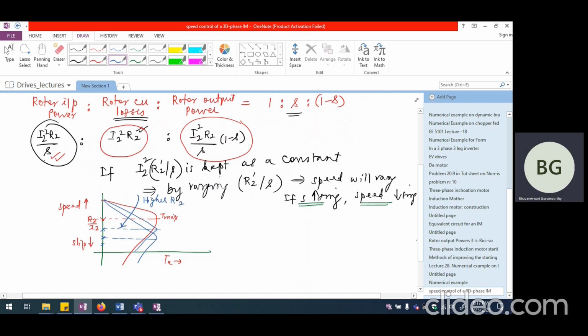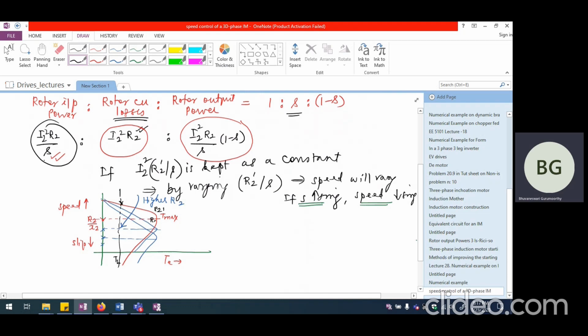Whenever R2 increases further and further, we are going to have more and more droop in the speed torque characteristics. If I look at a particular torque value, let us say this is the load torque demand, which is a constant value. For R2,1, I am going to have a particular speed.